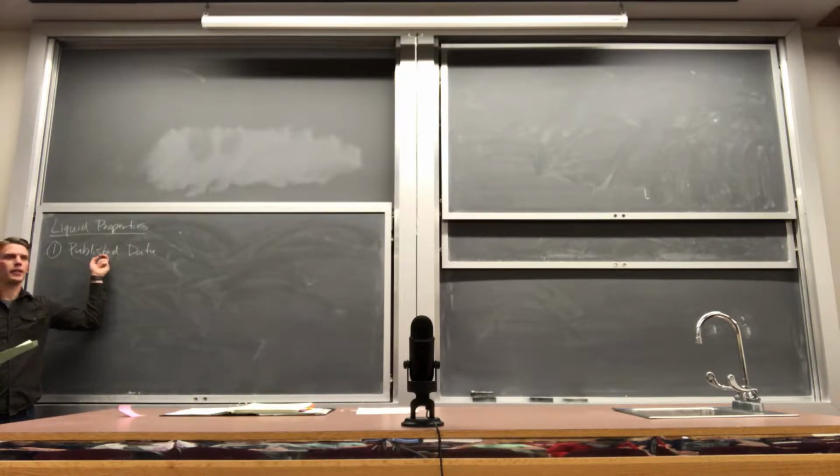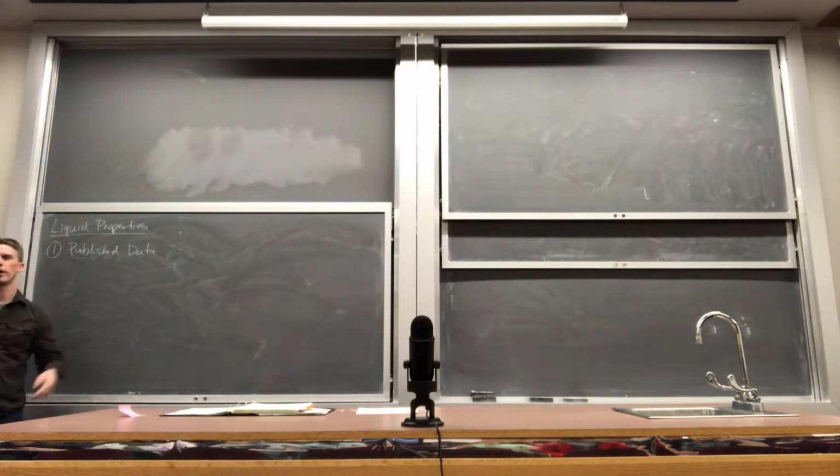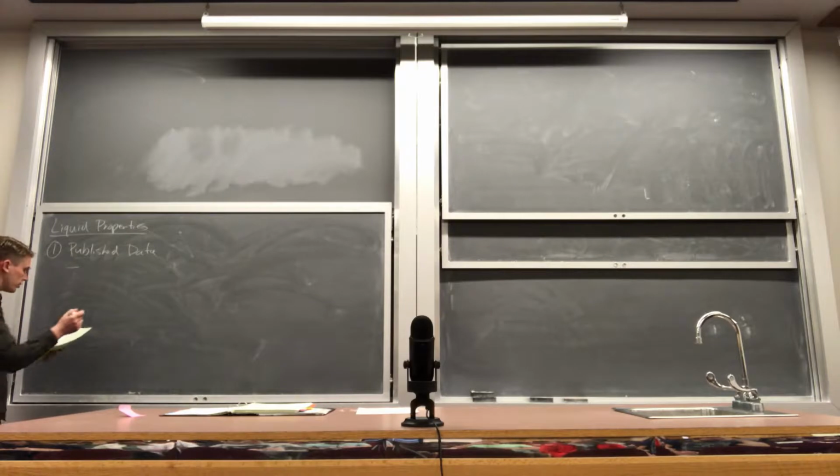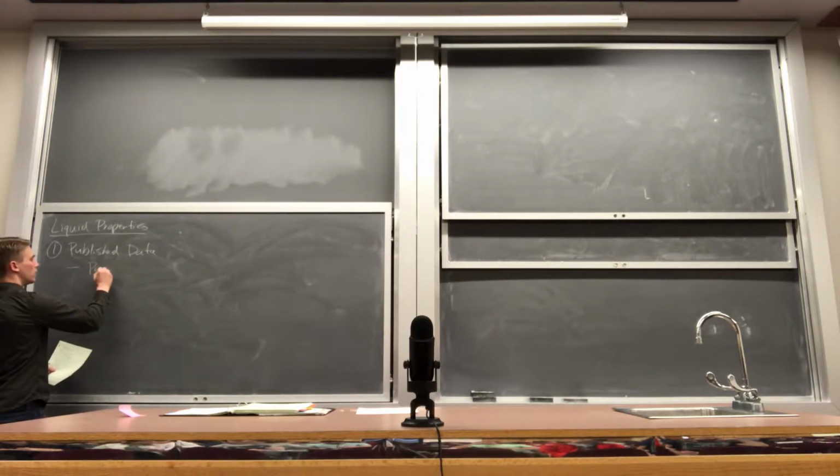What's the density of a 20% hydrochloric acid solution at 120 degrees Celsius? I'm sure that information exists out there somewhere in the literature. That's probably the easiest way to do it. So a piece of information that you may have seen or you will see is Perry's Handbook.